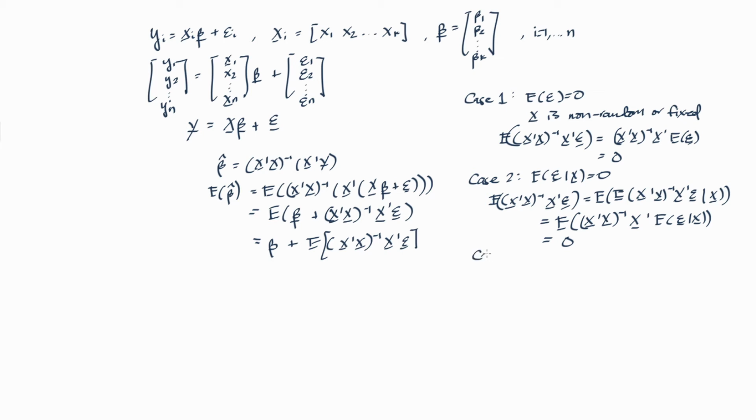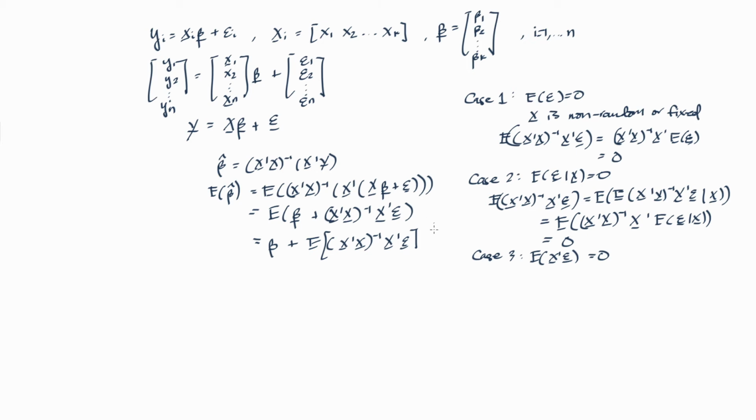Now the third case is quite complicated because here we assume that the expected value of X prime epsilon is equal to 0, meaning their covariance is equal to 0. There is no correlation or covariance between the variables in X and epsilon.